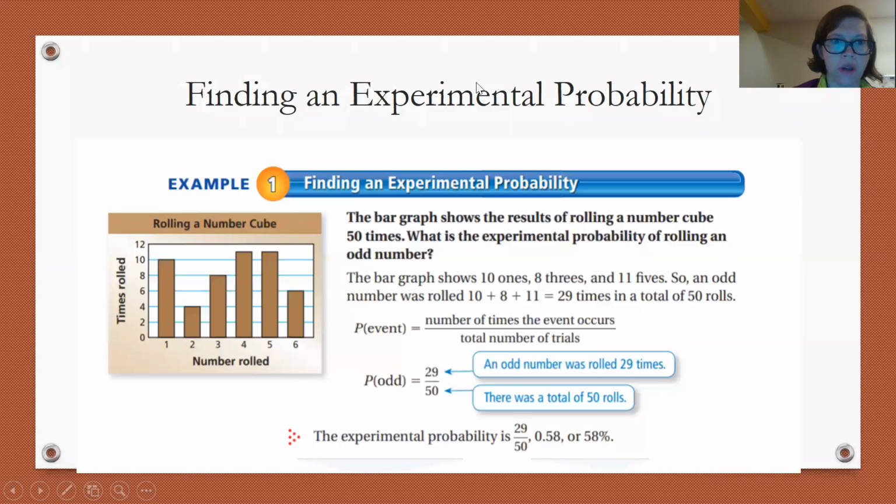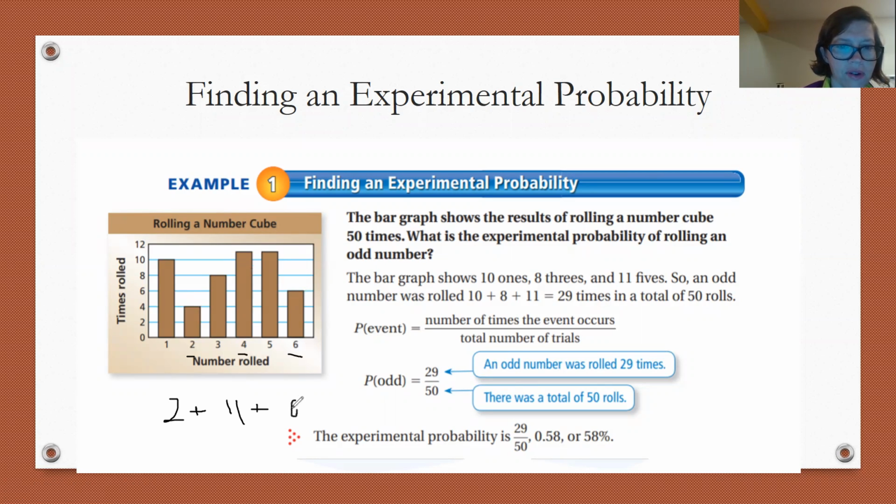So let's look at our even numbers. So we have 2, 4, and 6. Okay? So for 2, that was rolled 4 times, right? And 4 was rolled 11 times, and 6 was rolled 6 times.